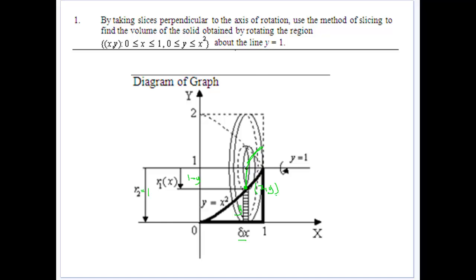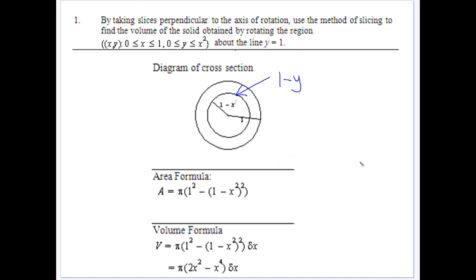So that's where our cross-sectional area comes in. So 1 minus y, which, because y is equal to x squared, we can write as 1 minus x squared. And we're going to get it in terms of x because we're going to have delta x as our thickness there. So we want our function in terms of x. So what does that mean for us?